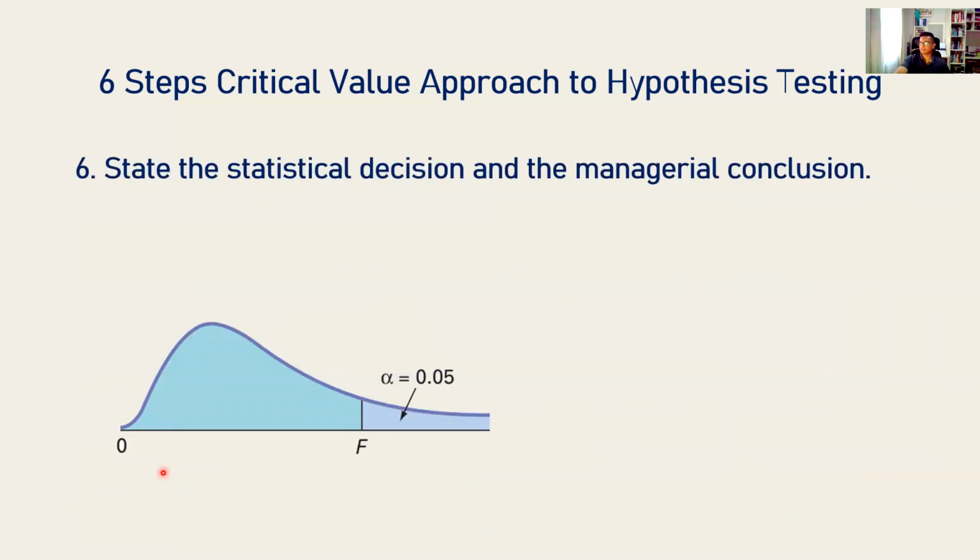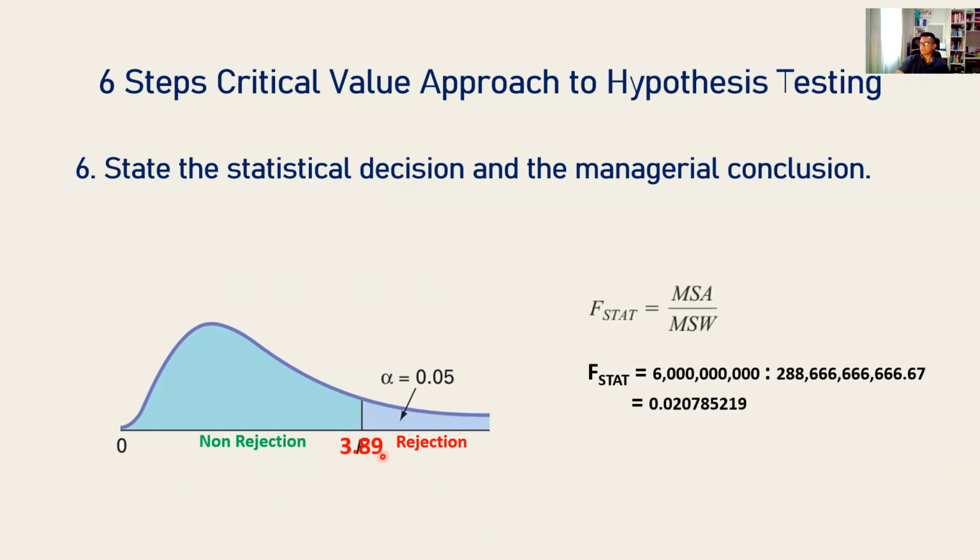State the statistical decision and managerial conclusions. We have determined that the F critical value is 3.89, and after calculating the F statistic, we have a value of 0.02. We locate that 0.02 on the left side of the critical value, which is here.